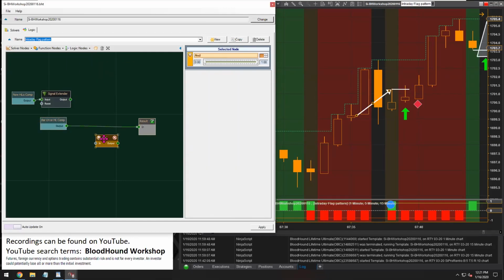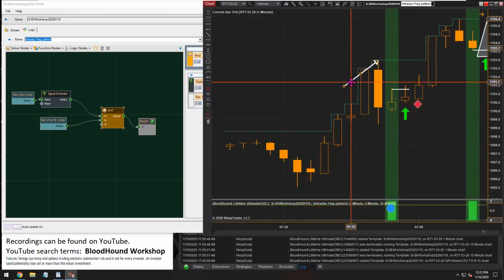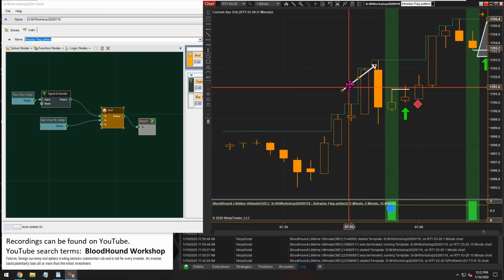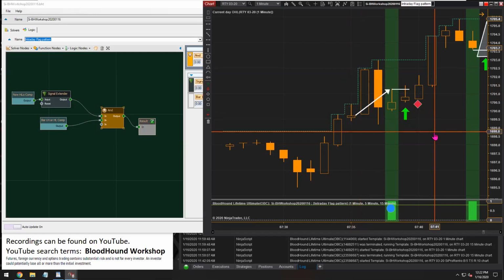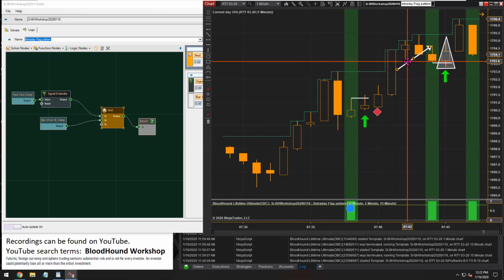Now I'm going to grab an AND node and connect that in there. So here we go. We have now identified that the flag pattern is starting to set up, right? We have our high stepping down, so it's starting to set up. Same thing over here: here's our new high, and then the highs step down, so the pattern is starting to form.